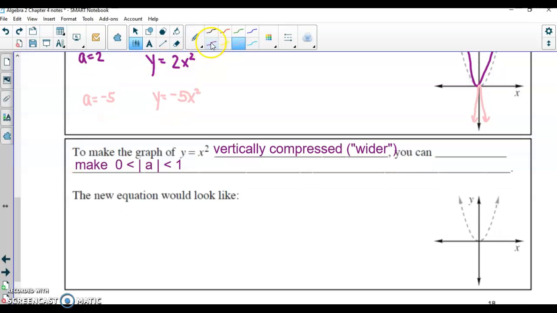So for example, if A is 0.5, or as a fraction 1/2, my equation would be y is 0.5 x squared. That means it's going to be vertically compressed. It's going to be a graph that is wider than my typical parabola.